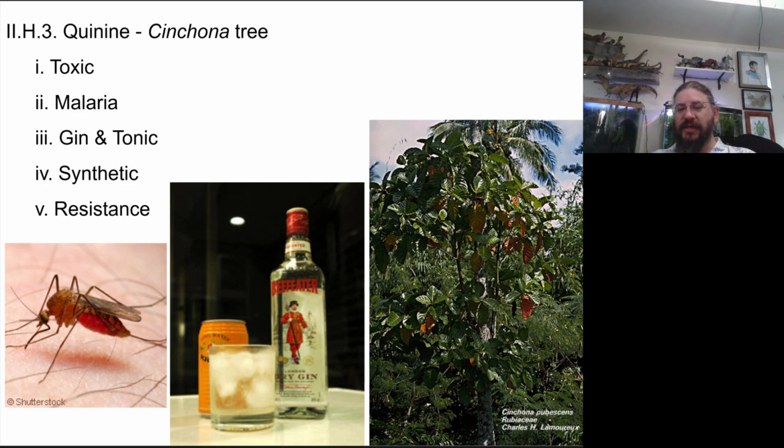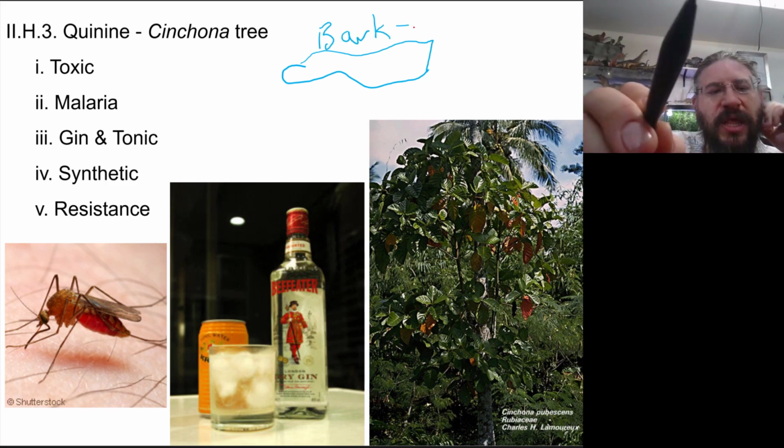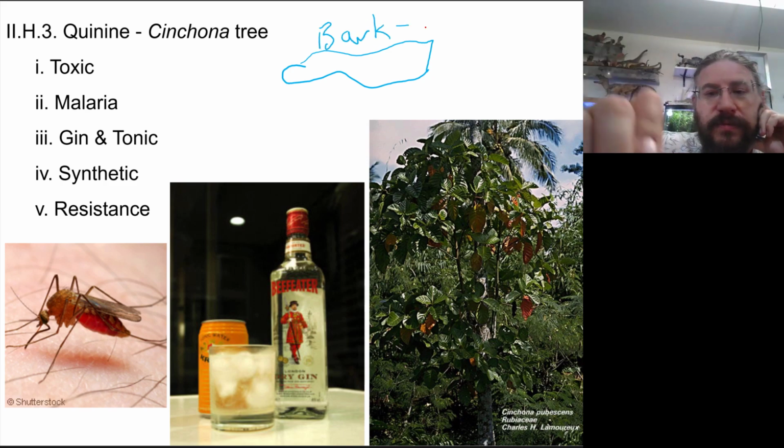So Dona Ana de Cinchon, wife of the Viceroy of Peru in 1638, named that tree because there was a preparation of the bark that became common in Peru. And you would take the bark, right? And the bark is rich in quinine.